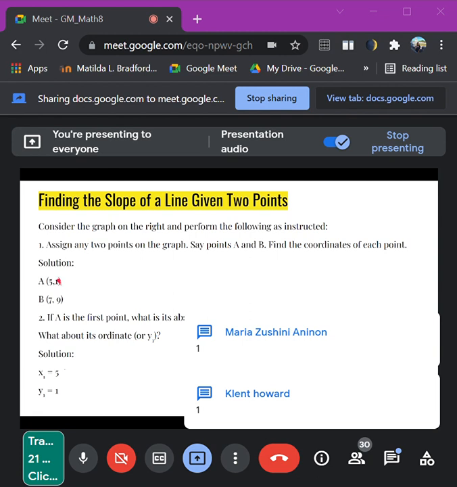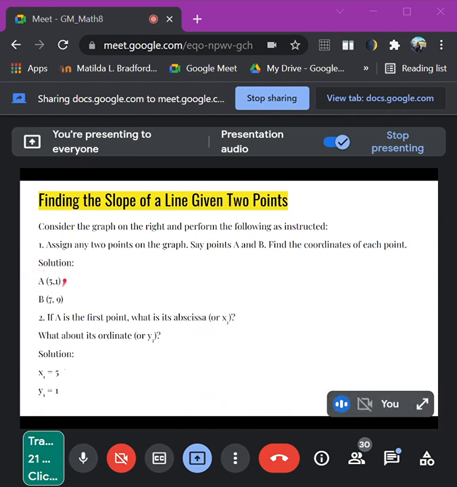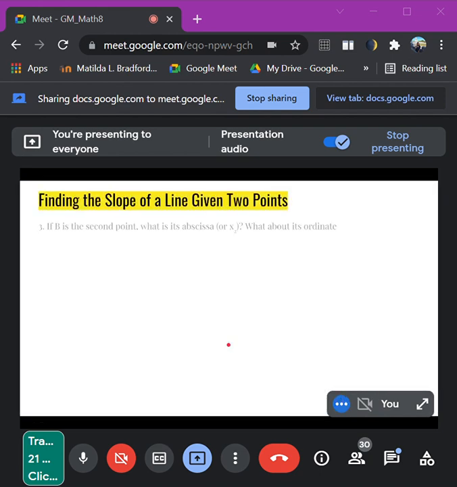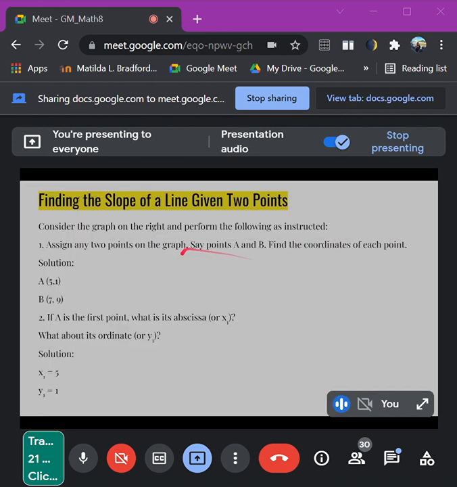Okay, so we are still looking at our A, class. That A is what we have assigned values to. We put sub 1 because there are two of them, A and B. So you have there x sub 1 and then y sub 1. Now let's go to our B. If B is the second point, what is its abscissa or x?